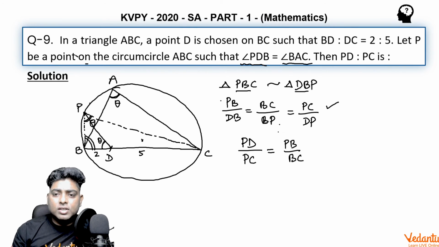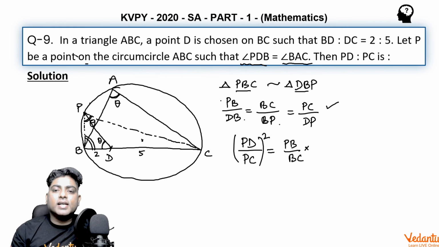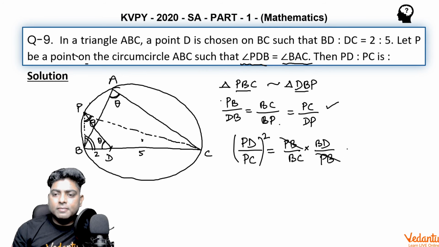So in order to cancel BP, I'll take PD upon PC whole squared. One time I will write PD upon PC as BP upon BC. Another time I will write PD upon PC as BD upon PB. In that way I get this ratio as BD upon BC.